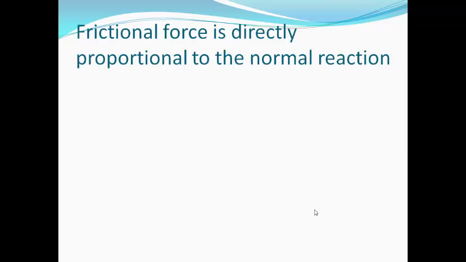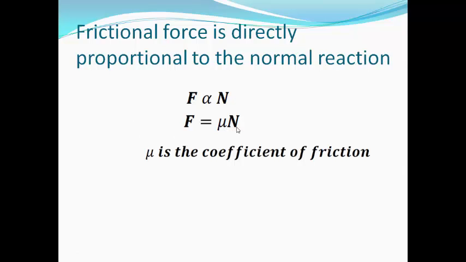Frictional force is directly proportional to the normal reaction. Removing the proportionality, we get F equals mu N, where mu is the coefficient of friction. Value of mu changes for different surfaces in contact.